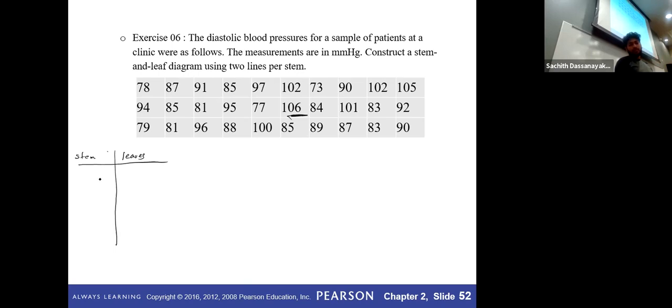So 70 means just 2 digits, so the first digit is 7. Then the next group is 8, the next one 9. I have 100-something, which means 10, right? So go through these values. I have 78. 8 goes here. I'm using these horizontal lines because I don't want to mess everything up.